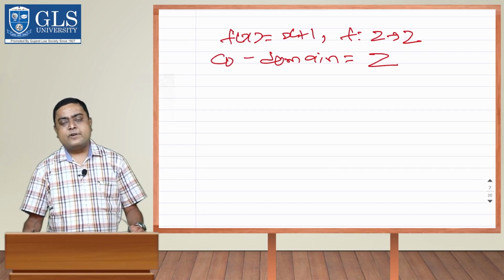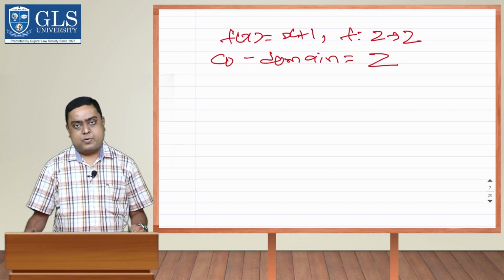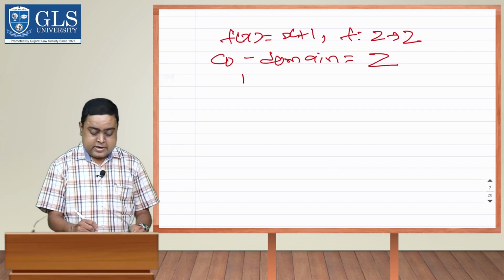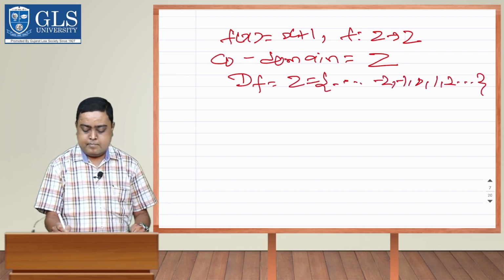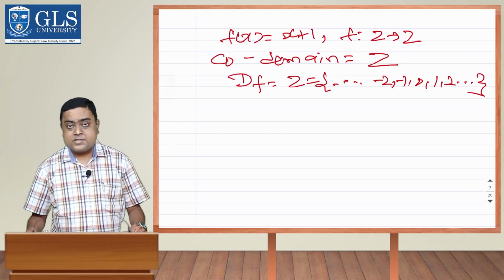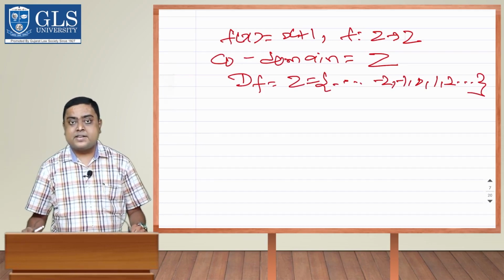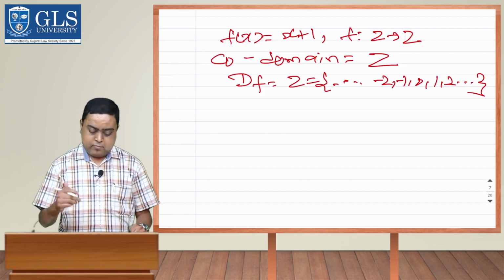You know how to find the range, which was already discussed in the last session. We consider different values of x from the domain, put them in the function, and find the corresponding image. In this problem, our domain is Z, that is the set of integers. It is not possible to consider all the values of x because this set is infinite. So I consider some values from this set.